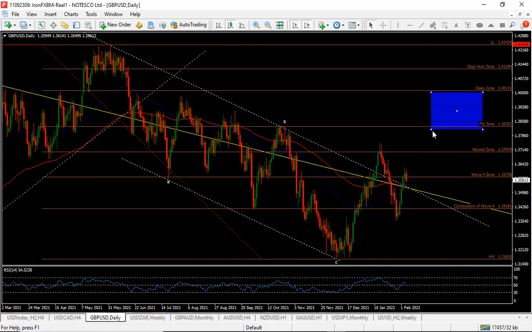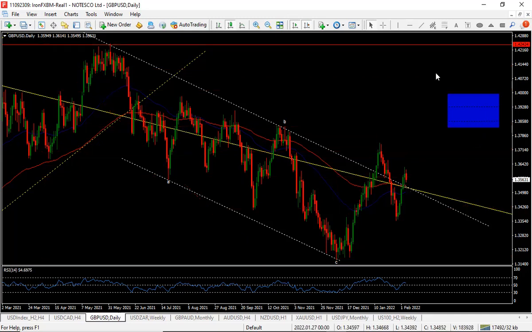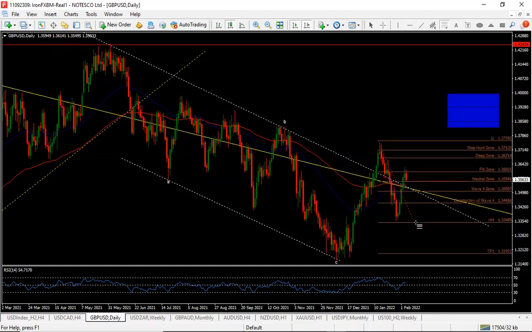So can you see that at the same time, we are still expecting that this market can go up. But on the other hand as well, it can correct in this area. Remember, this is the 50%. So we are saying if they're going to correct that way, this market is going to form something like this. So in this scenario, you can see they came in the fib zone.